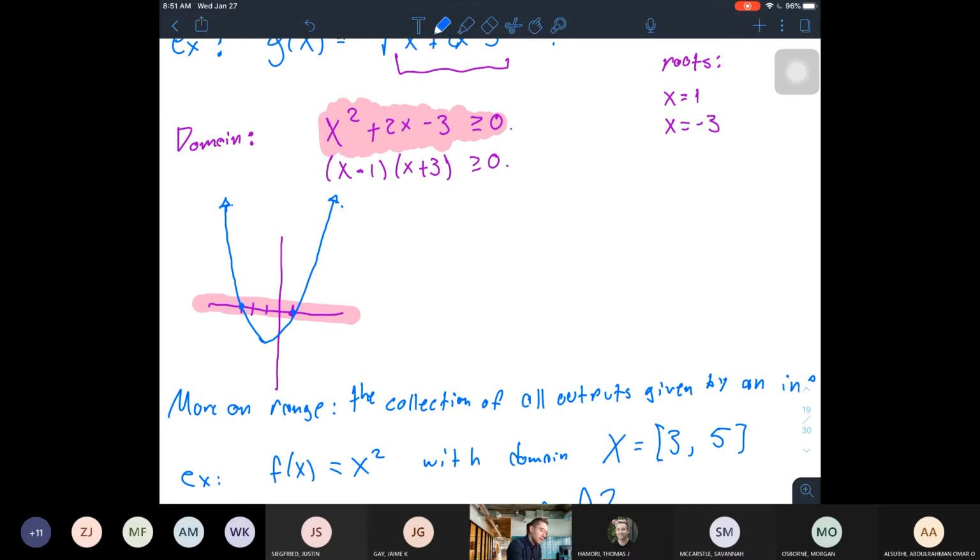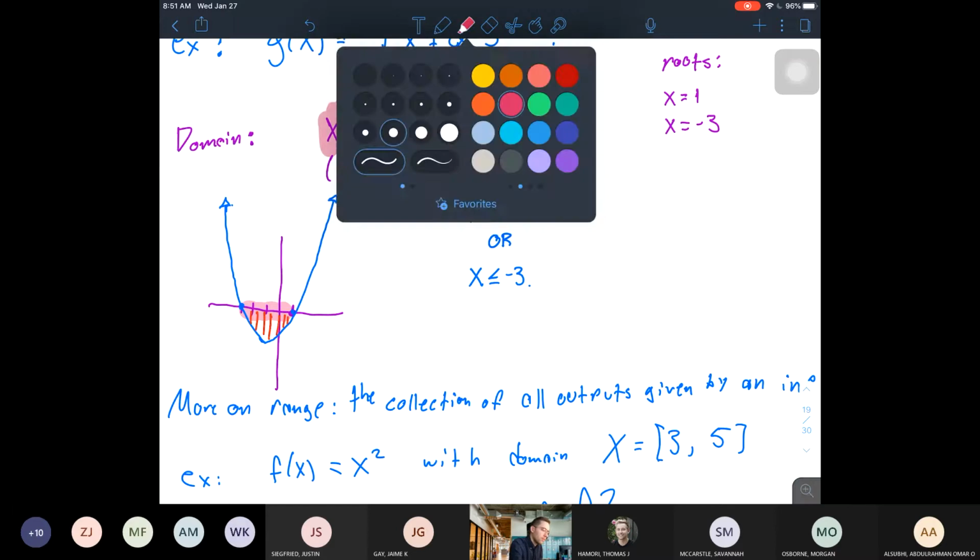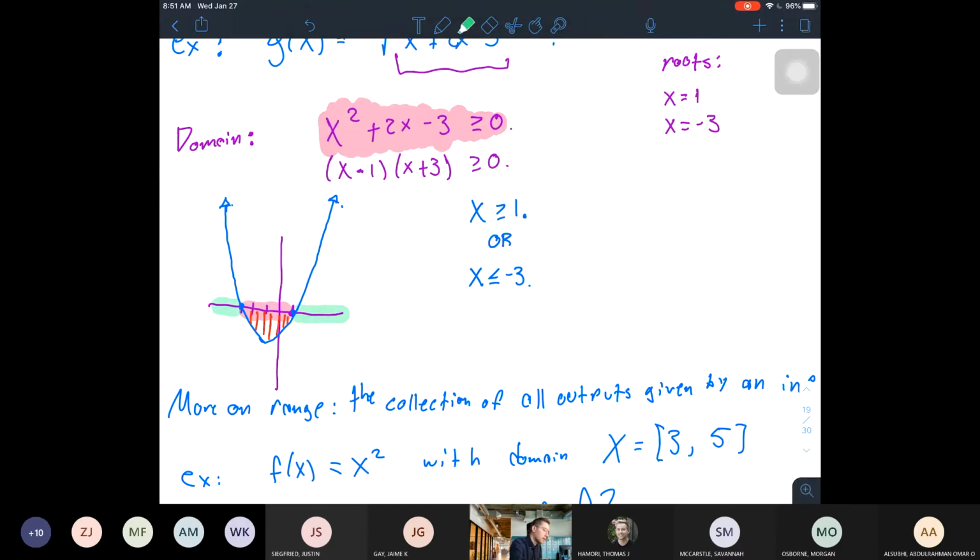So those are going to be the values where either x is larger than or equal to 1 or x is less than or equal to negative 3. We don't like this middle section because in that area the value of our function is negative. But we do like these sections on the right and the left because in those areas the value of our function is going to be positive.